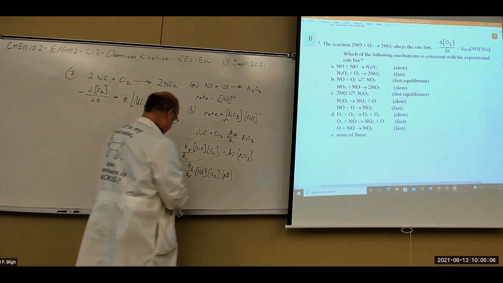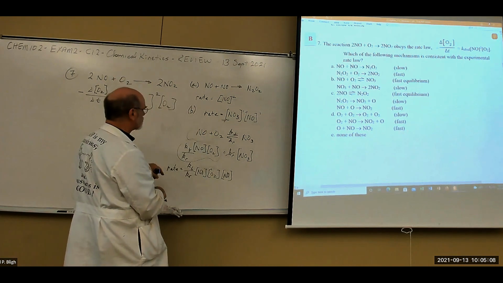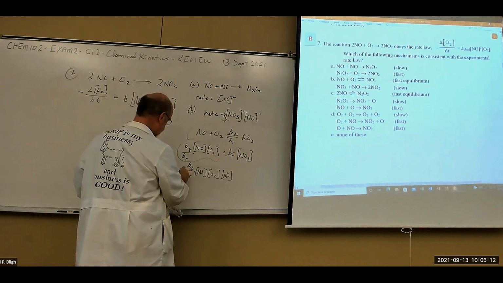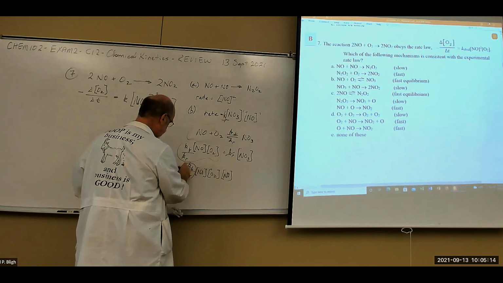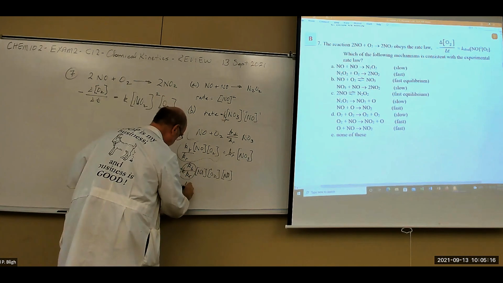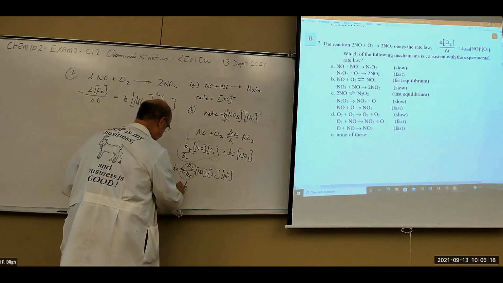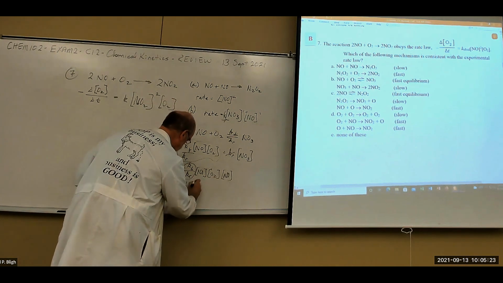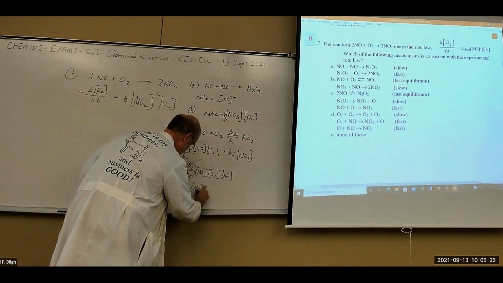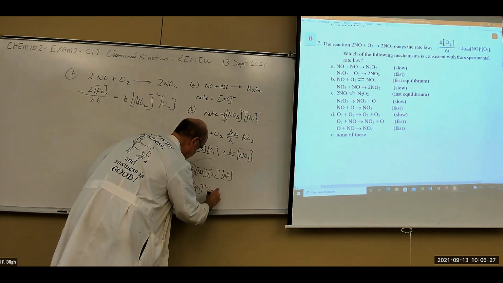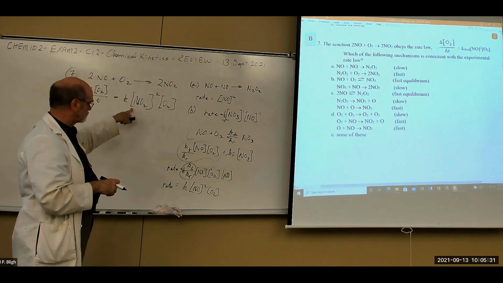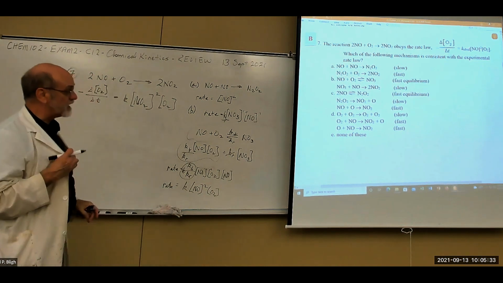All right, so that gives us, let's see, wait a minute. I left the K out here, excuse me. So that gives us another K here, and these, like that earlier problem, become the overall K. And this becomes NO squared. And this becomes O2 to the first power. That's it. Right there, that's B.